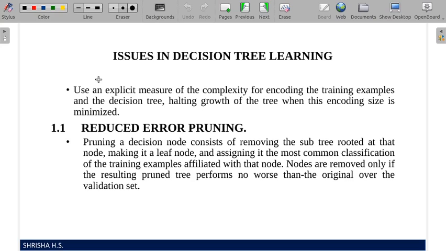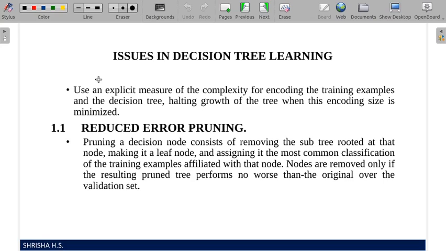We have a tree made up of nodes and leaves, so we remove one node, one sub branch for example, then test the tree. If it performs well, keep the same tree. The performance should be at least the same, if not better. If the accuracy decreases, then reject that removal of the node and keep the tree as it is.